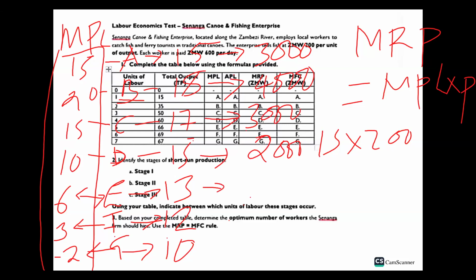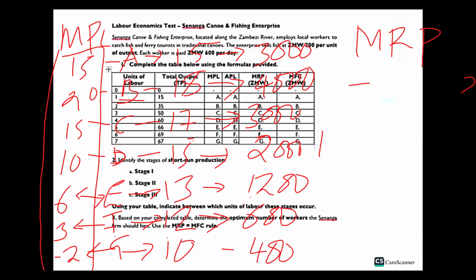What about 6 times 200? 1,200. And 3 times 200, 600. Negative 2 times 200, this will be negative 400. You got it? Is that clear?